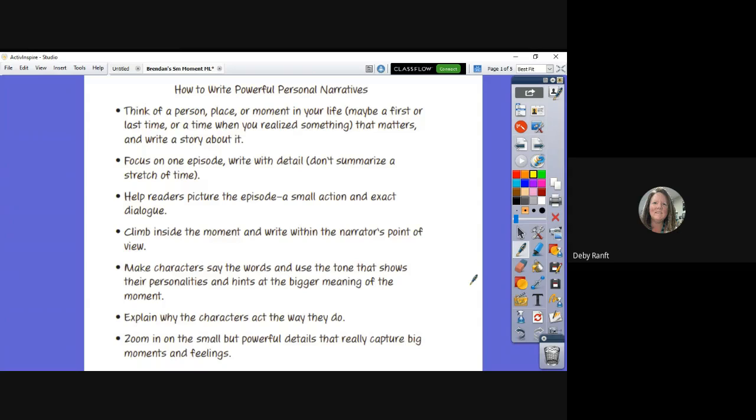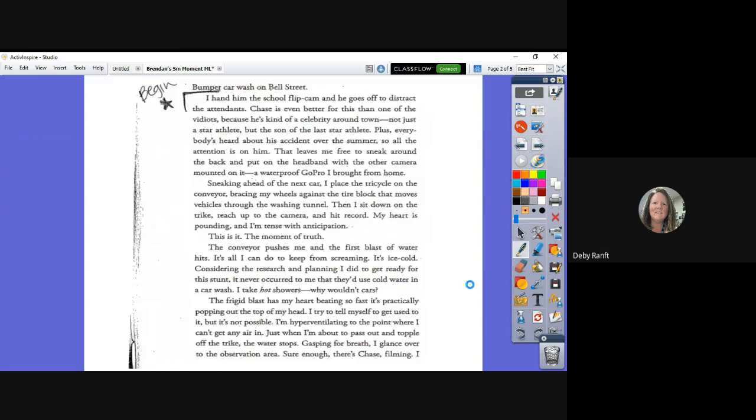And so if you turn to, because this is the first time you've had this copy, I want you to turn on your copy to page 48. Okay, it looks like what you'll see on my screen right now. And I want you to mark where the beginning of that small moment starts. It's on page 48 at the very top.